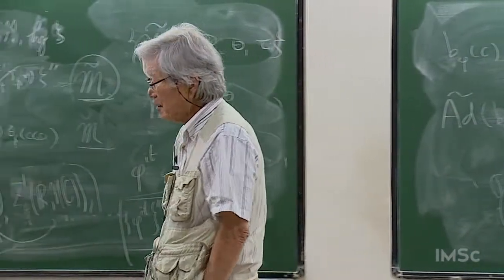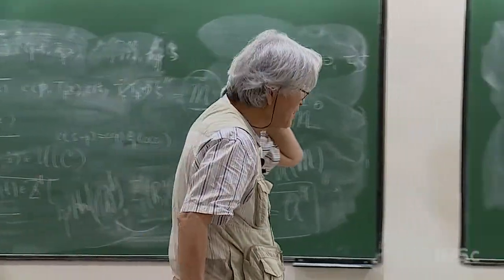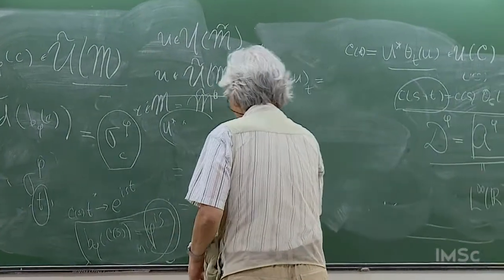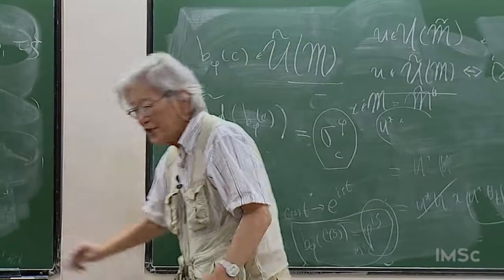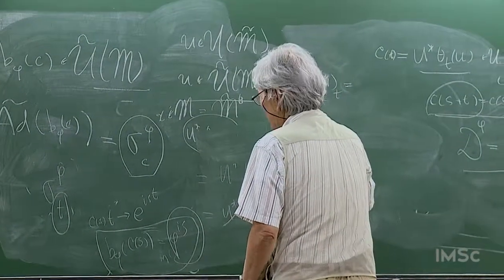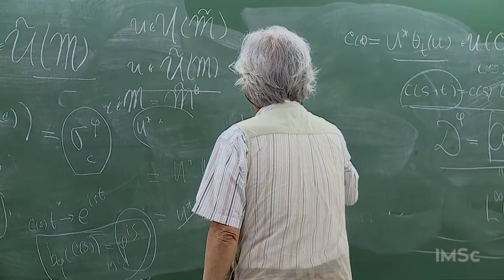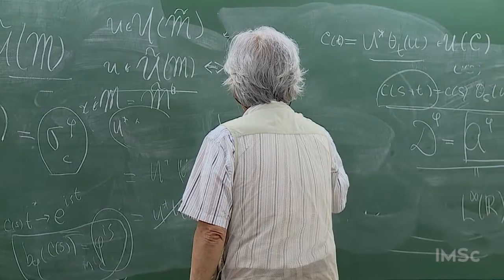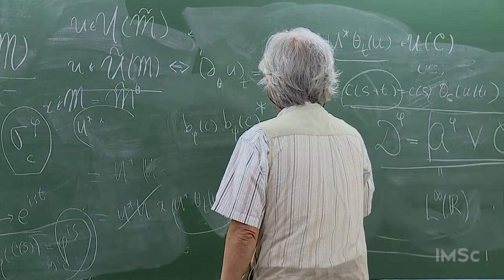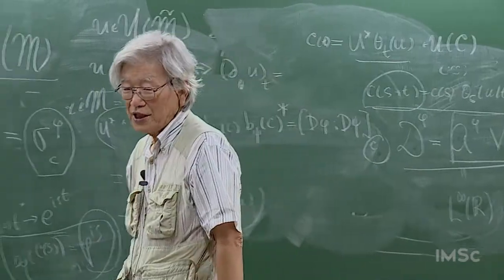And if you work a little bit harder, then if you change the base phi to psi, then B phi of C, B psi of C star, will be the phi, the psi evaluated at cocycle C.